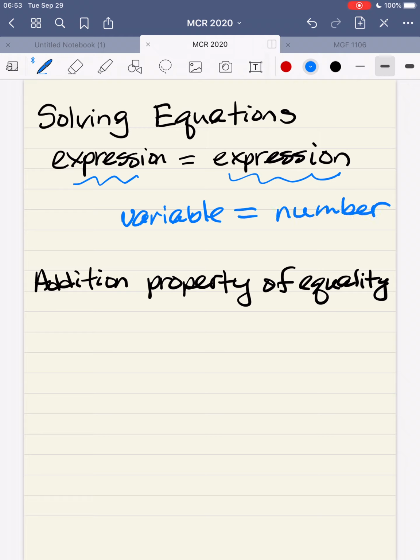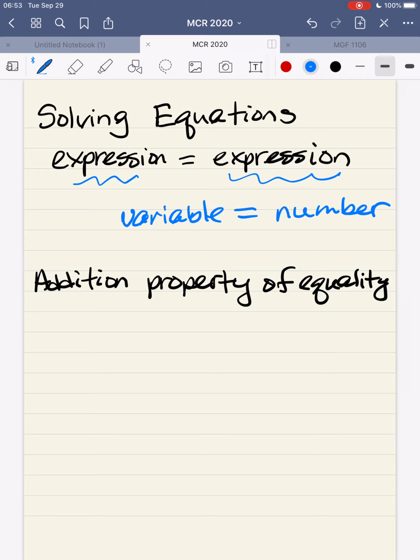That's our goal. The variable could either be on the left or on the right, depending on what you prefer. But our goal is to get the variable on one side by itself, and a numerical value, a constant, on the other side.